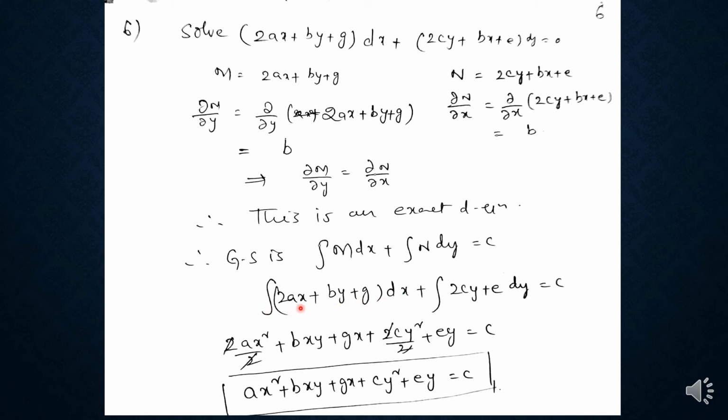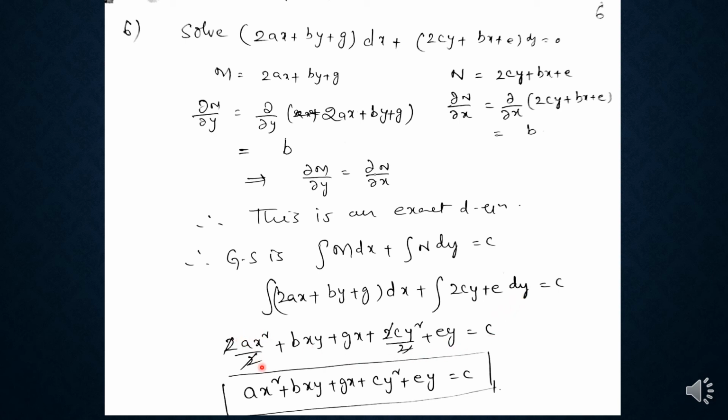So integral 2ax dx is 2a into x square by 2, plus integral by dx is by into x, that is bxy, plus integral g dx, g is also a constant, so gx, plus integral 2c y dy is 2c into y square by 2, plus integral e dy is ey, that is equal to c.